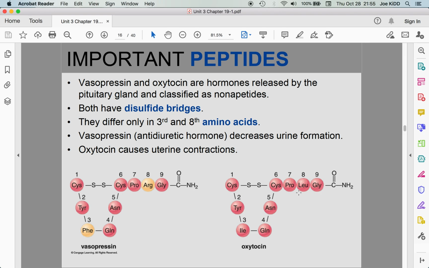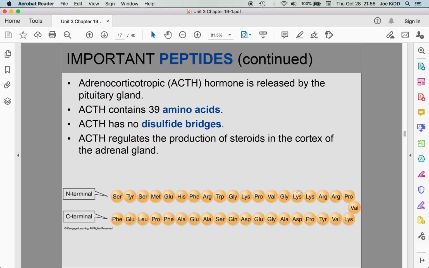One is often a part of labor and delivery, and the other one stops you from peeing at night. It's really incredible when you start learning about proteins and peptides how small changes can have vast effects on the purpose of a protein.